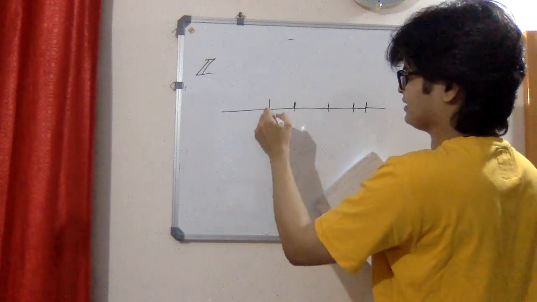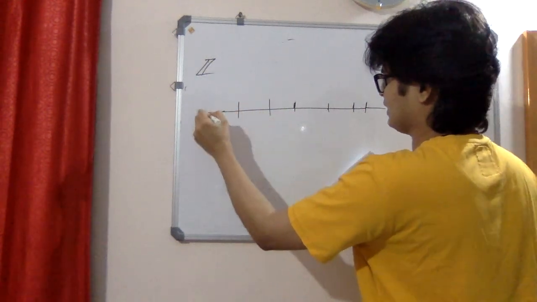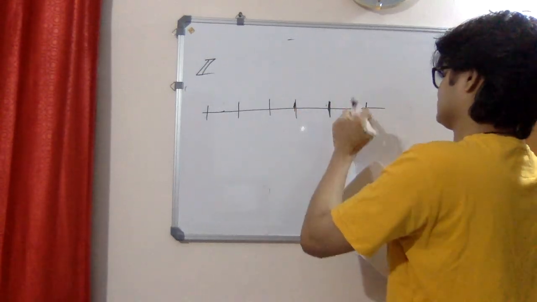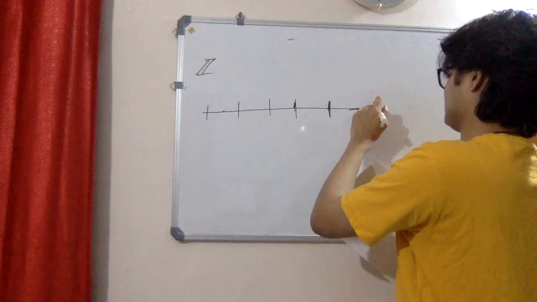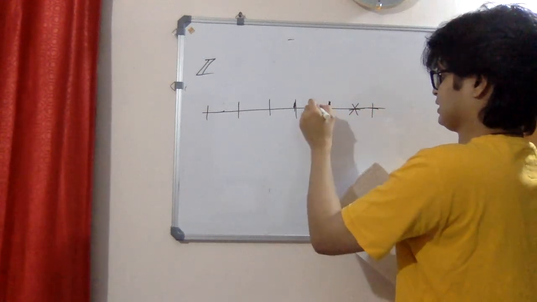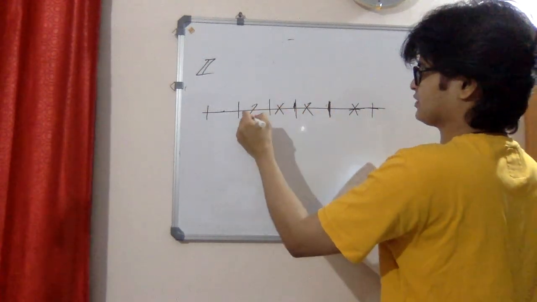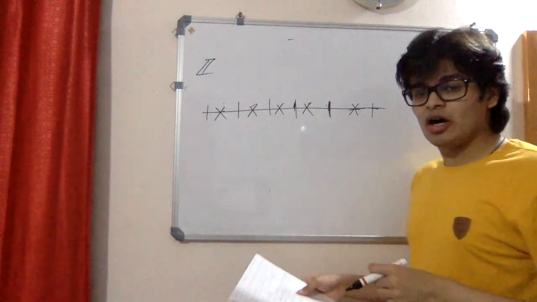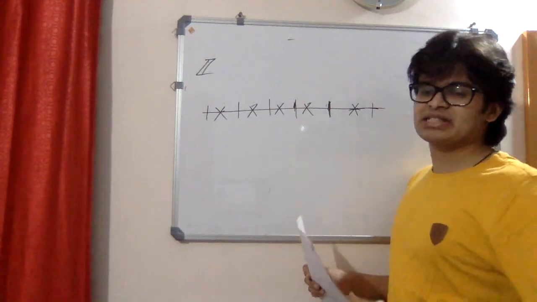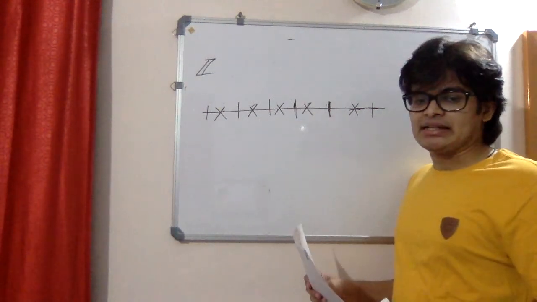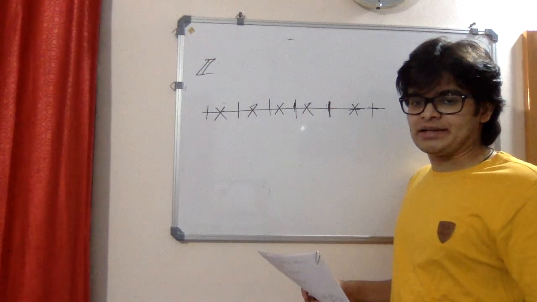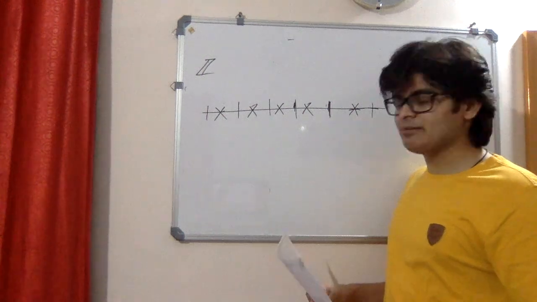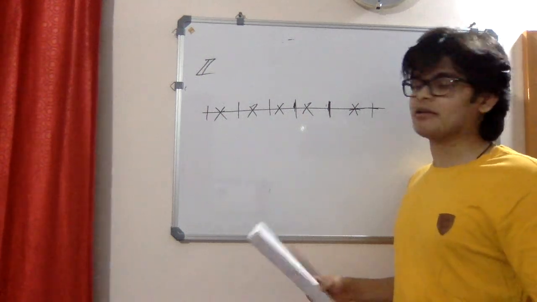This can be anywhere in the integer line, and some points. Suppose this is our integer line. Now I want to make transformations in this line in a way that it remains the same, and by same I mean the symmetry is maintained.